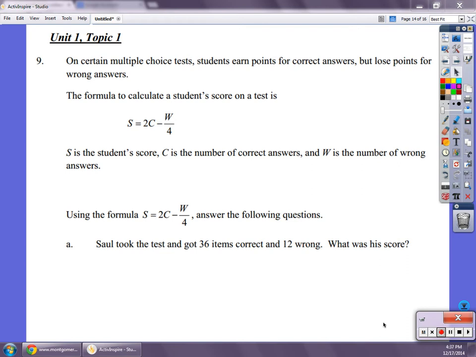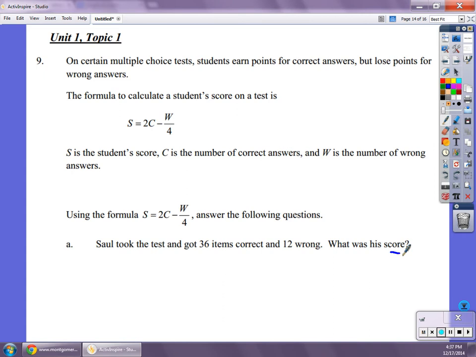Using the formula, answer the following questions. Let's look at question A. Saul took the test and got 36 items correct and 12 wrong. What was his score? We're solving for S.